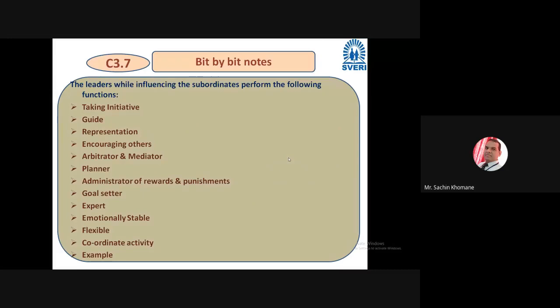While managing and influencing, the leader also has to follow certain functions, and we have seen those functions like taking initiatives, guiding the people, representation, encouraging people, becoming mediator, planner, goal setter, right? So many functions we have seen that a manager has to follow or do while influencing.